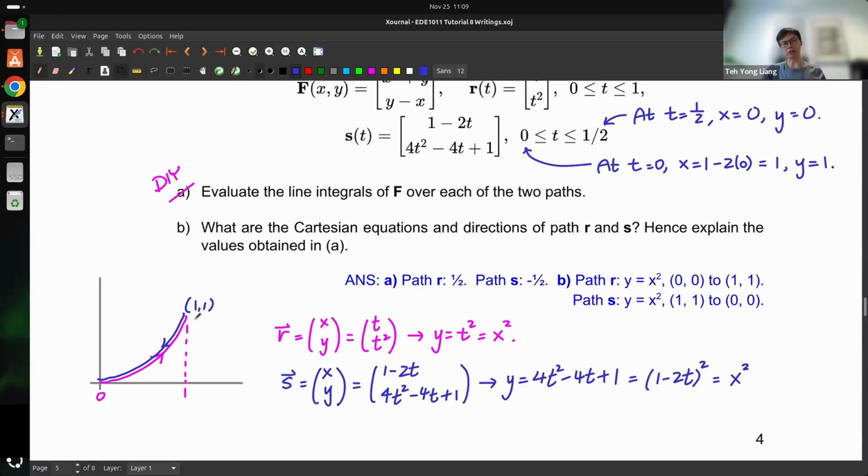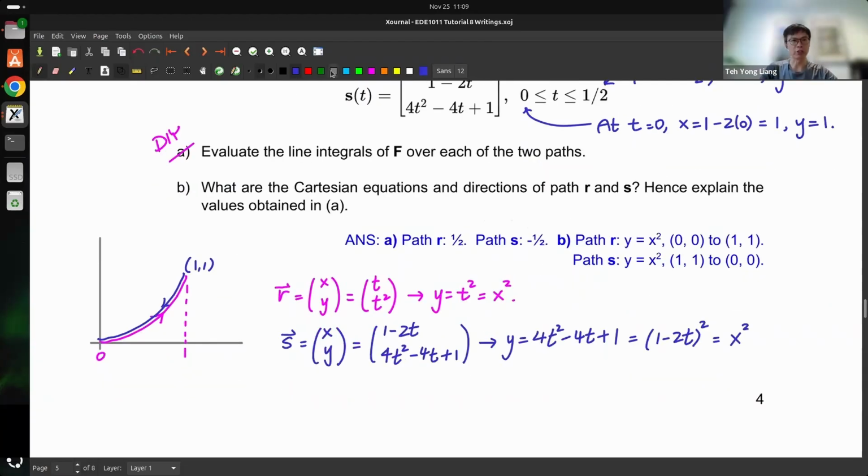And obviously that agrees with part A, whereby the line integrals are just negative of each other. So we can write an explanation for this.